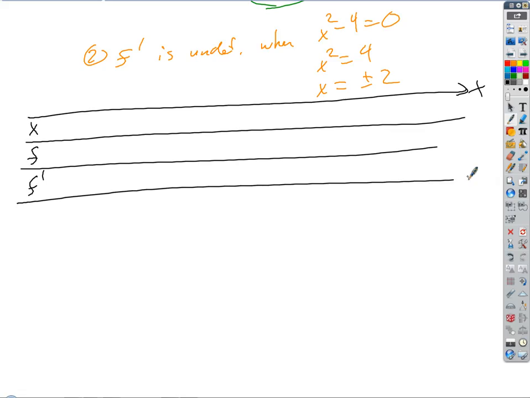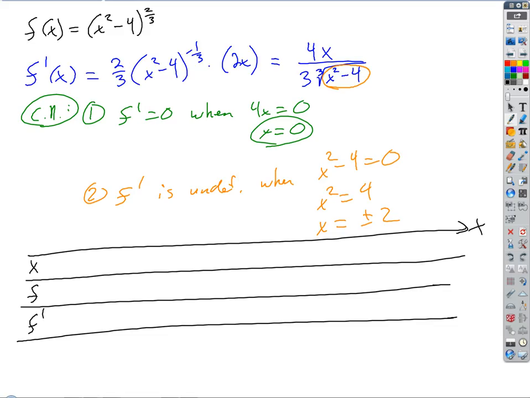Okay, what's our domain? All reals. No restrictions, right? Because is that an odd or an even root up there in the function? It's odd, isn't it? Because it's the denominator that matters, right? That determines the index of the radical. So our domain looks like that.